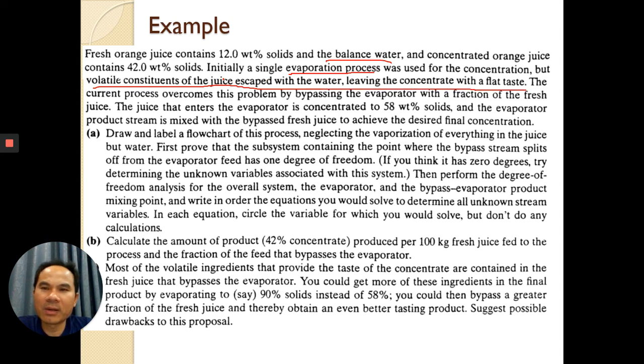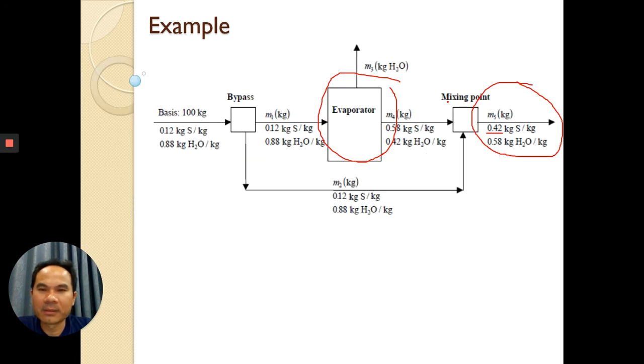The current process overcomes this problem by bypassing the evaporator with a fraction of the fresh feed. What does it mean? Because some water is evaporated out of the process, if we would like to control the concentration to specification, we have some of the fresh feed bypass to mix with the product to control the composition.